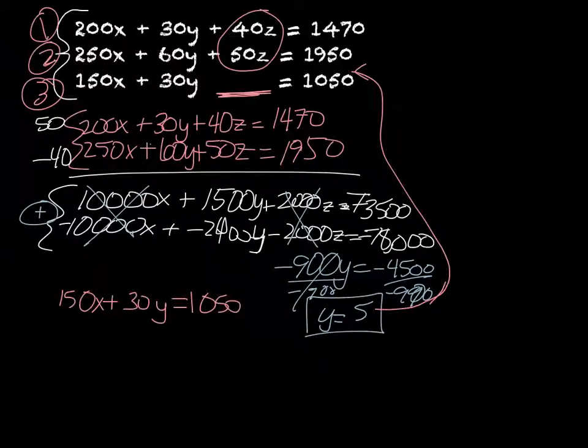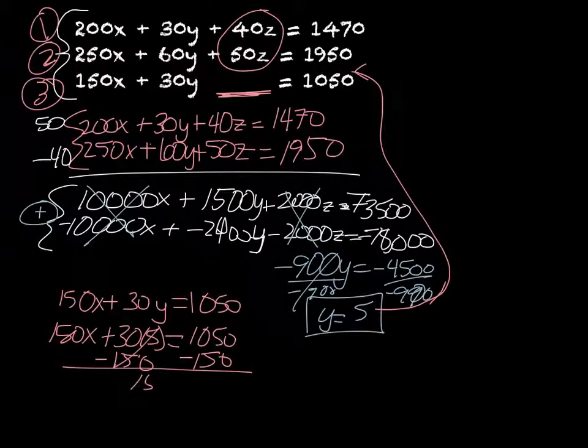So I'm going to put 5 in for y, so I have 150x plus 30 times 5 equals 1050. So I'm going to subtract my 30 times 5, which is 150. Sorry, I misspoke. So I'm going to subtract 150.